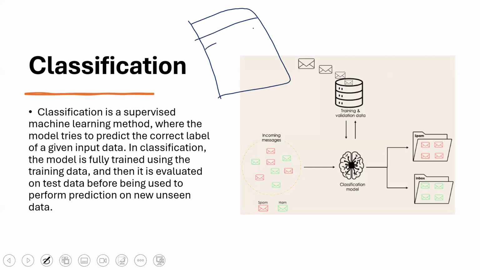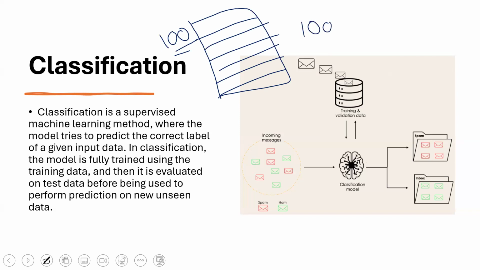Let's suppose you have 100 records in this data set. In these 100 records, you create a training set and a test set. You create 80 records for training and 20 records for the test set. So you have 100 data records, with 80 as training and 20 as test data.